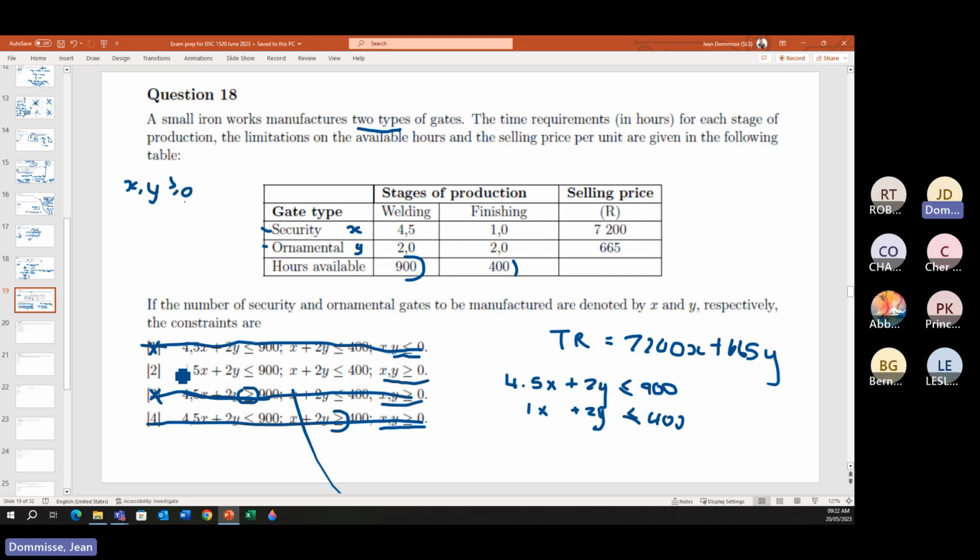So the one that is left is the one that we're looking for: 4.5x plus 2y smaller or equal to 9, and x plus 2y smaller or equal to 400. So option 2 would have been the correct one.